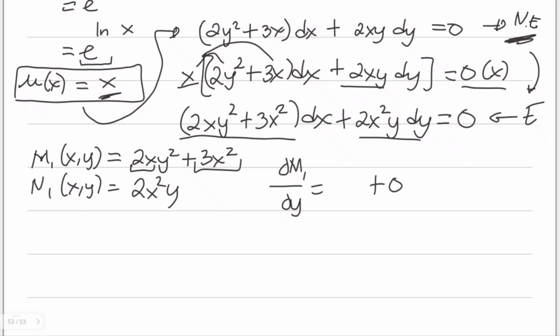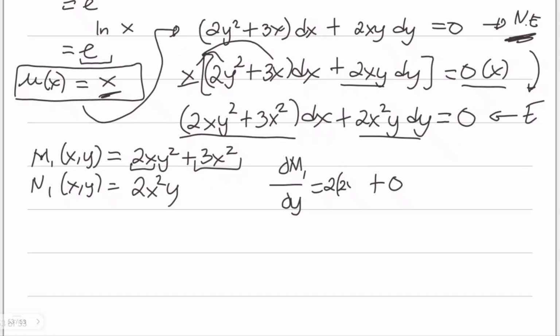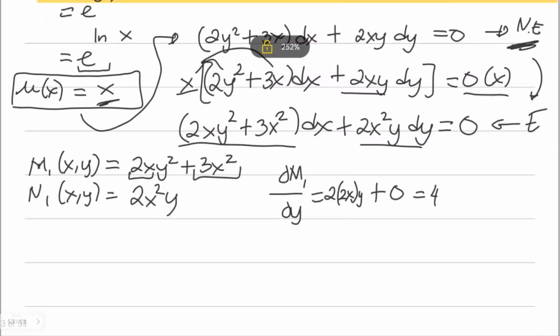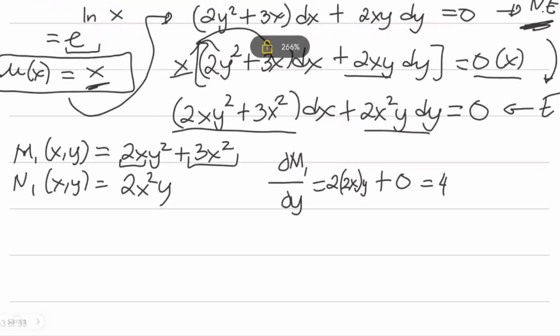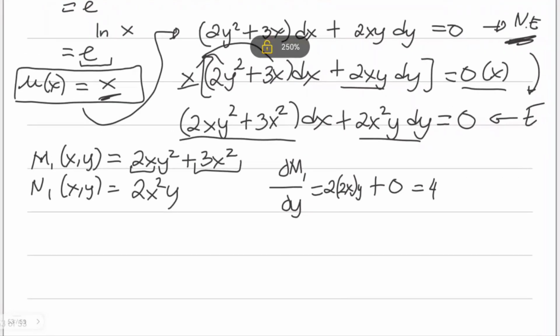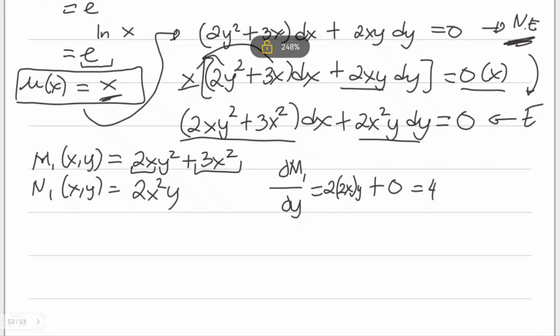For your first term, you will have 2 times 2x then y to the power of 1, so the result is 4xy plus 0. Sorry, I'm just checking the size of the writing. This is our partial derivative of M with respect to y.